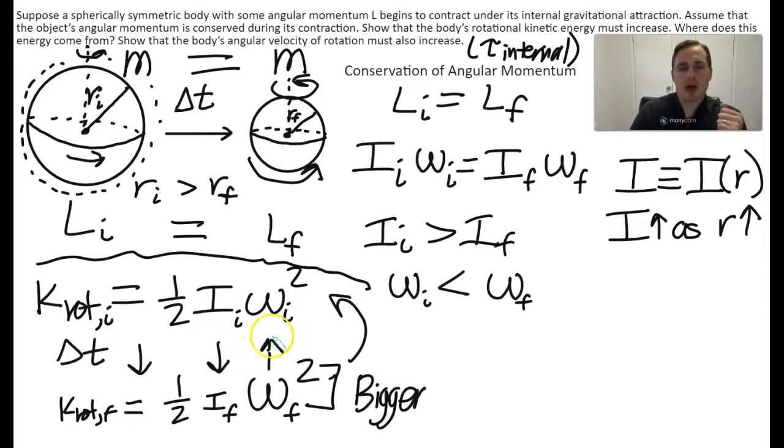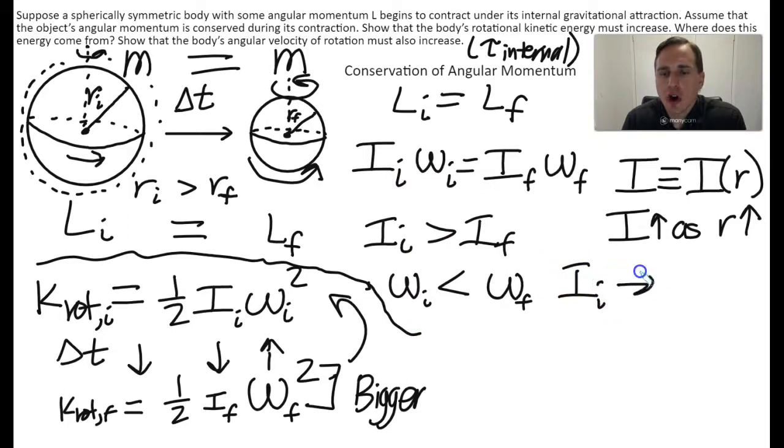Now, how do I know that? Well, because this conservation of angular momentum equation is exactly inversely proportional. And what I mean by that is whatever factor the rotational inertia changes by, the angular velocity changes by the reciprocal factor. What do I mean by that? Well, as an example, suppose I initial goes down by a factor of 2.